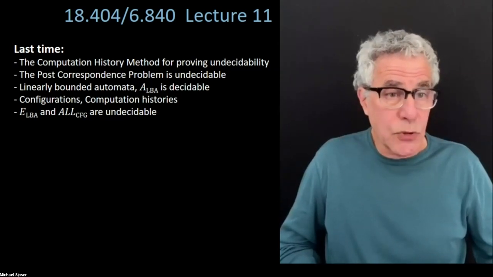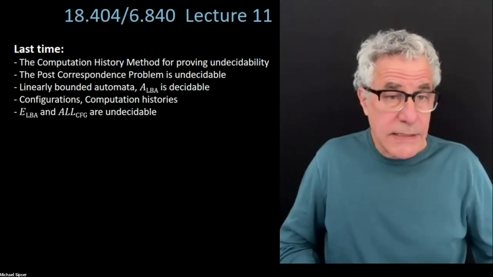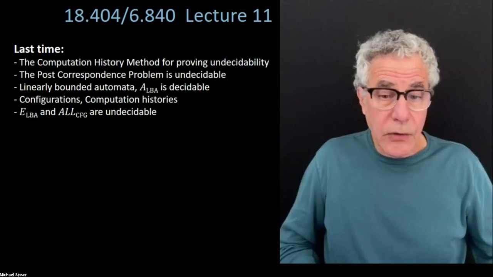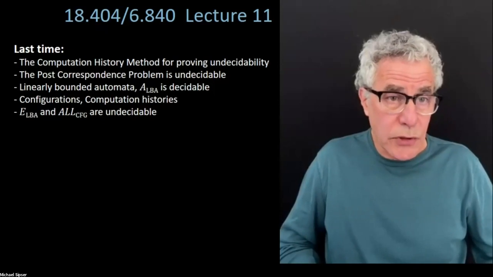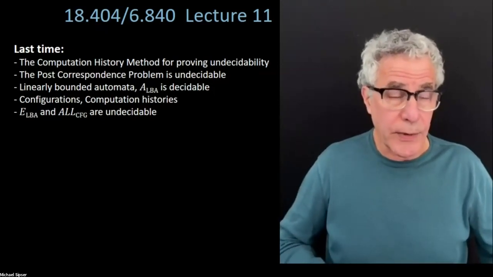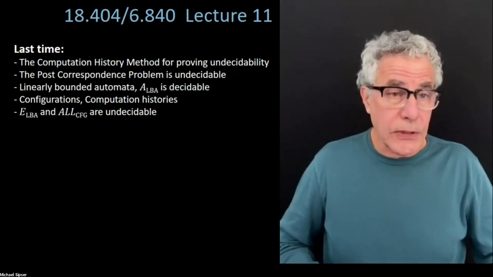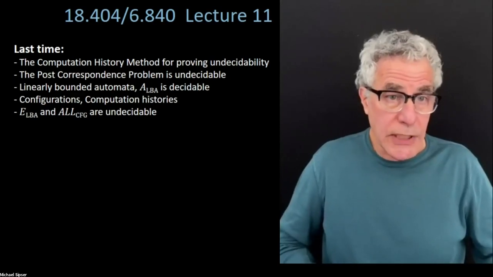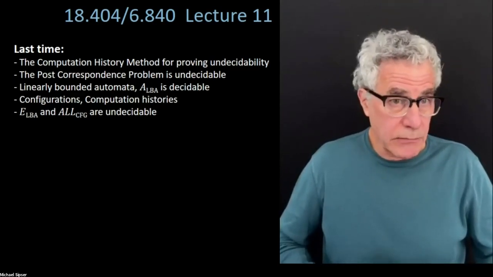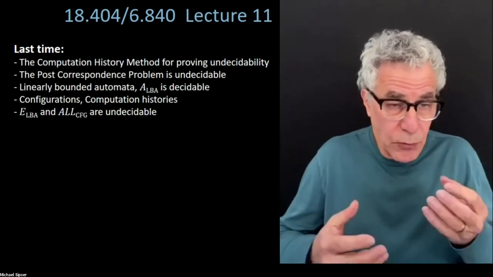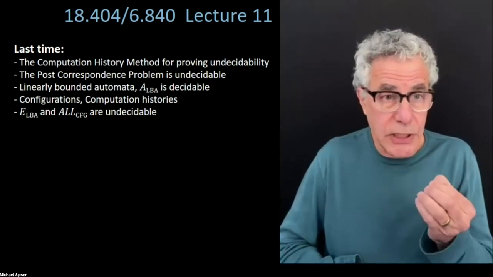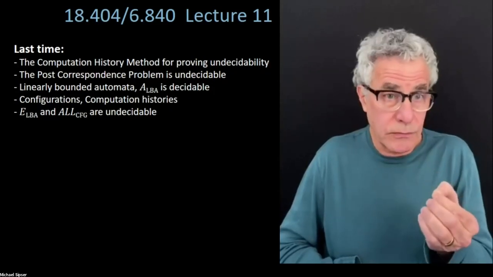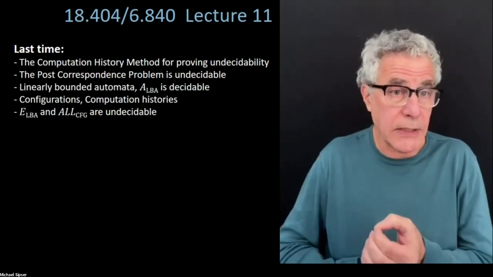So what they end up doing is, given a Turing machine and an input, you construct a polynomial that has several variables, and in order to get an integer root, an integer solution of that polynomial, one of the variables is going to have to be assigned some kind of encoding of a computation history of the Turing machine M on W. One of those variables is going to be an integer which represents the computation history for M on W.